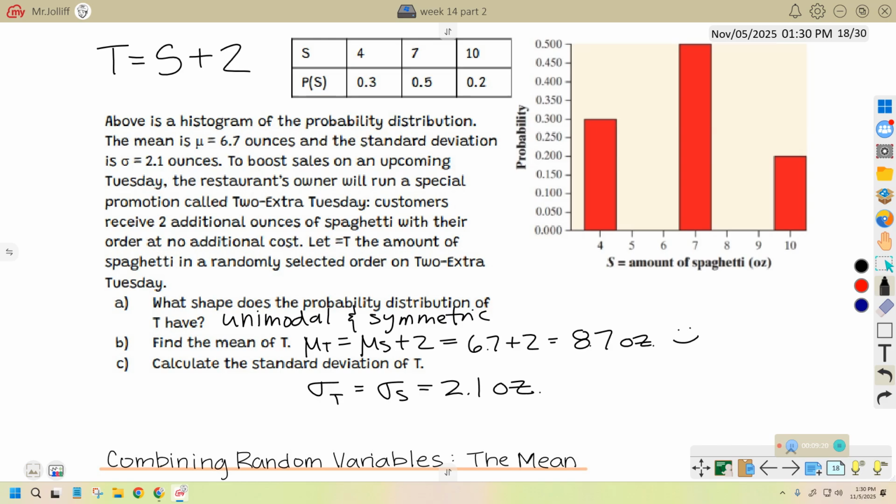We literally went through the probability distribution we were given and subtracted 100 from each possible value. We could do the same thing here. We could go through that S table, and for every S value, we could add 2 to turn it into a T value. And then we can use our calculator to find the mean. We can use our calculator to find the standard deviation by running one var stats on that table. So if you forget these rules, but they give you the original probability distribution, you're golden.